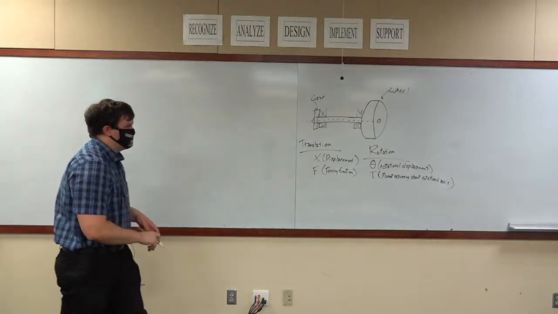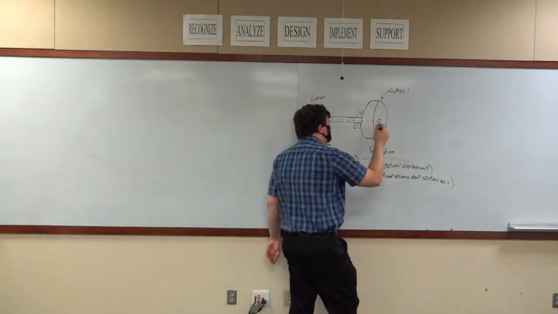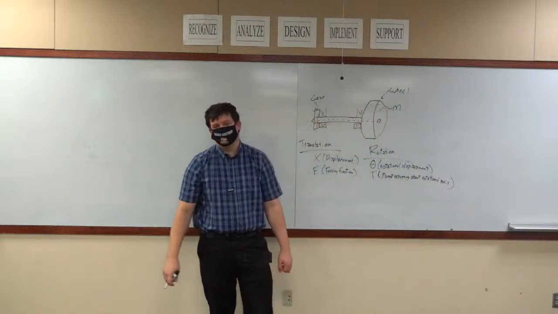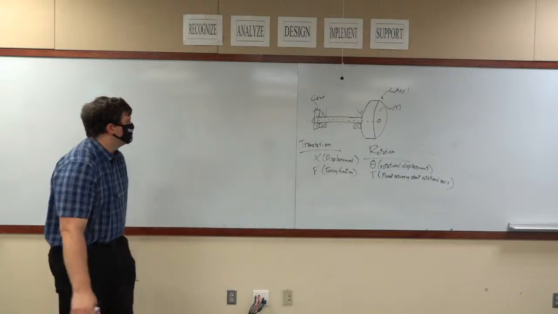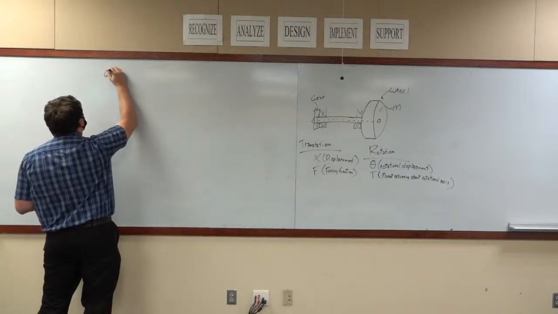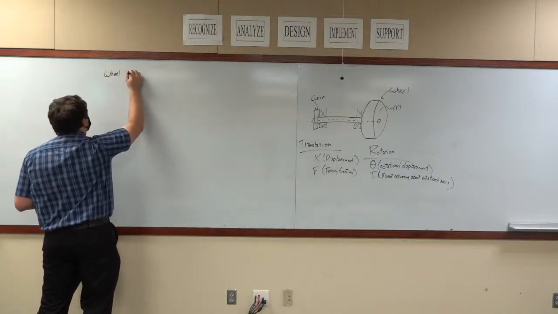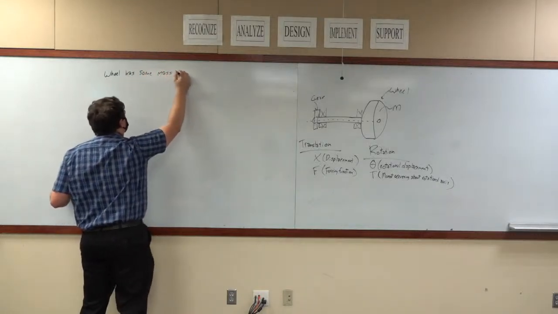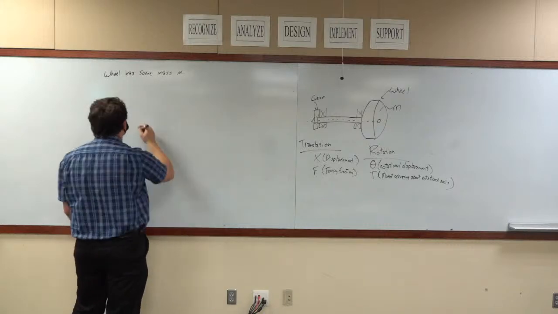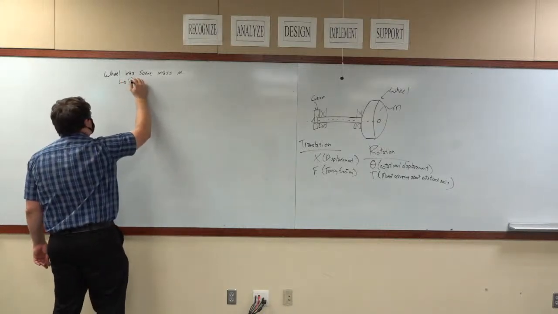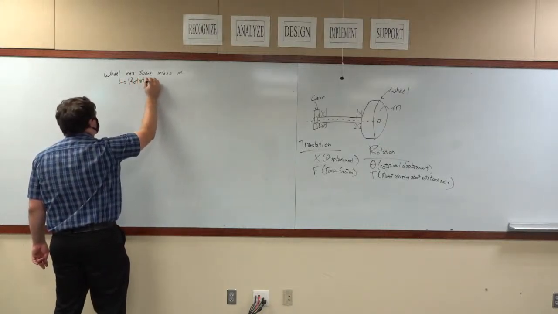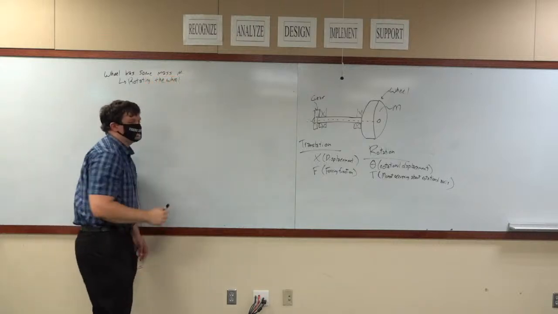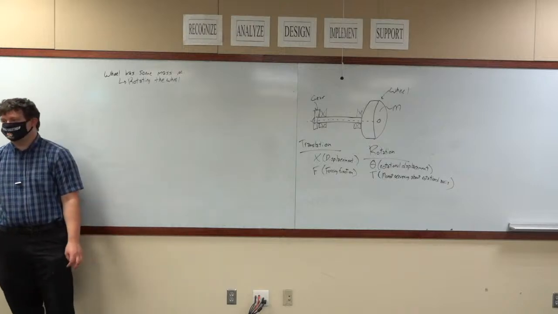Okay, first of all, this wheel has some mass m. Okay? Rotating the wheel provides some inertial resistance.